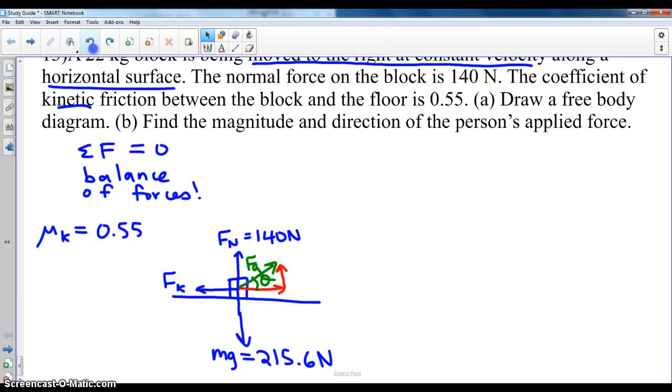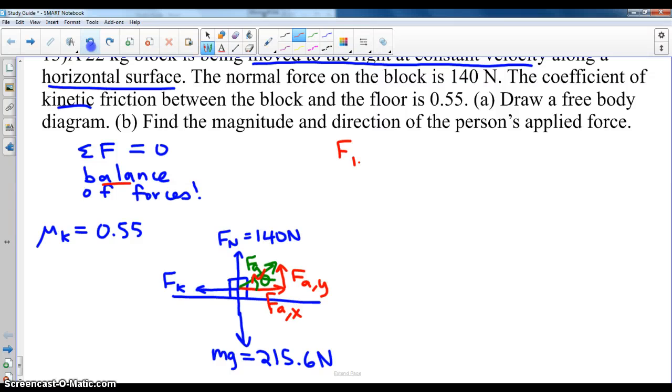I'm going to call the up, I'm going to call that Fa comma x. Nope, that's not right. Fa comma y, and this one down here is Fa comma x. Right, like that. Okay, and of course I can squiggle out Fa if I care to, because I've shown its components. So left balances right, balancing.